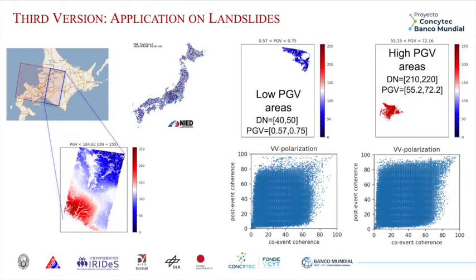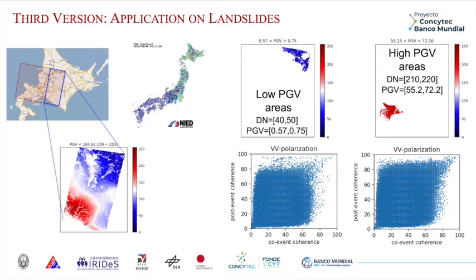Here I'm showing another example, the landslides of the Hokkaido earthquake in 2018, in which we collected samples automatically, again, using the intensity.